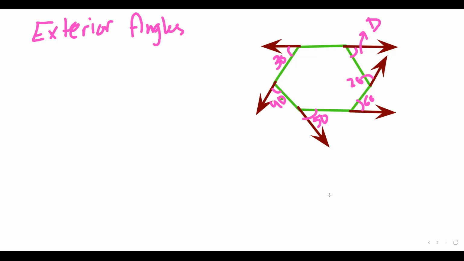Since they are exterior, what is the summation of them? 360. Bravo. So if you add 30 plus 40 plus 50 plus 60 plus 20 plus the measure of the angle D, their summation is 360 degrees.